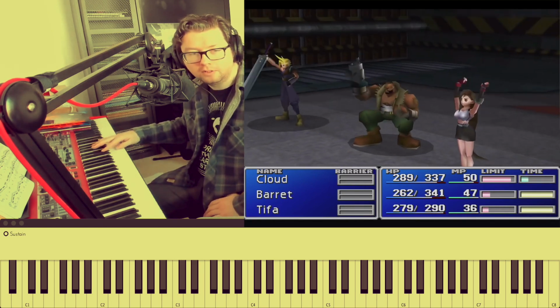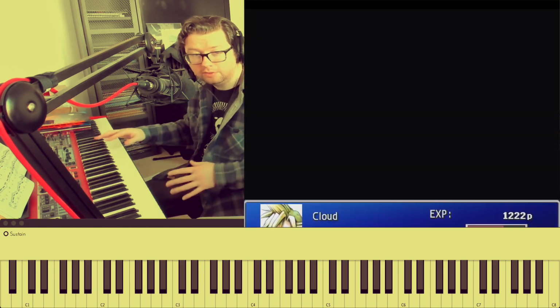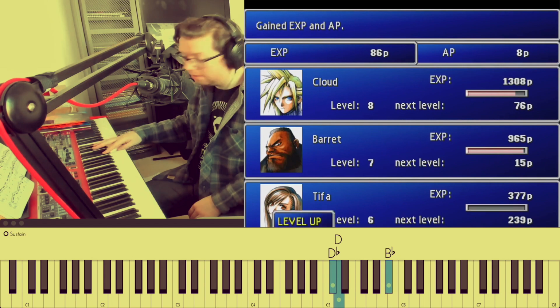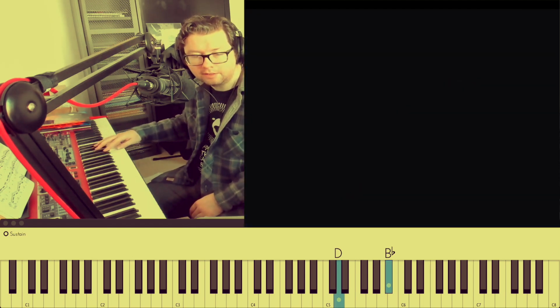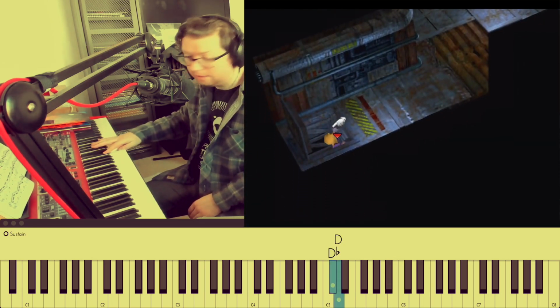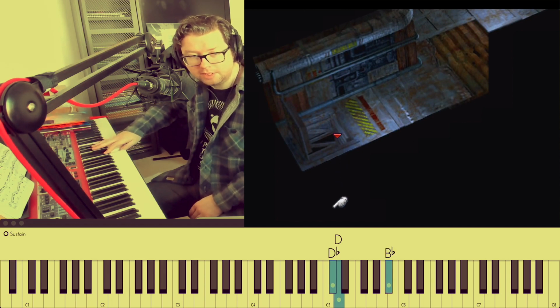So it's another unique voicing that's moved around. It consists of a minor second, and then a jump of a sixth.